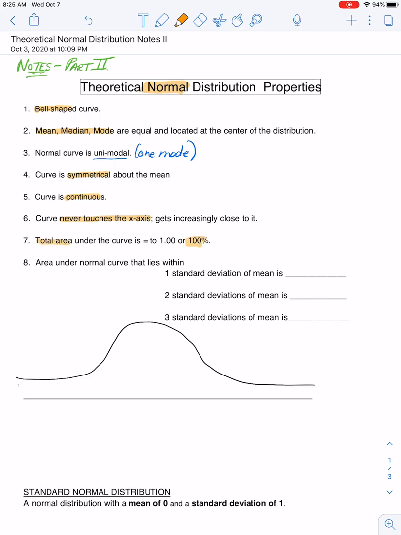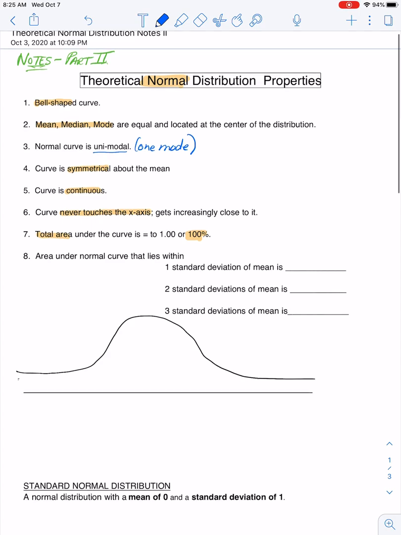All right, so then, as we've talked about in a previous video, we've studied the empirical rule. The area under the curve that lies within plus or minus 1 deviation of the mean is going to be 68%, or if you do it as a decimal, 0.68. Within 2 deviations of the mean, we know it to be 95%.